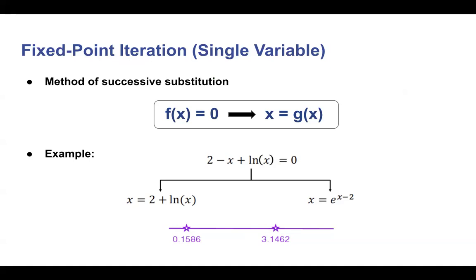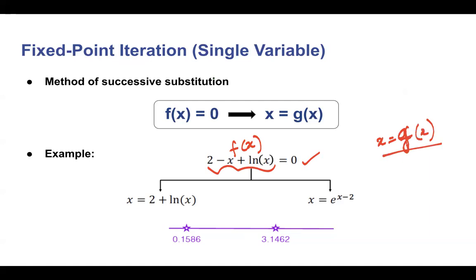The first function you are solving is in the form 2 minus x plus ln x. This part is the f of x. You have to rearrange it in such a way that you write x as a function of x, in the form x is equal to g of x. You can arrange it in two different ways.